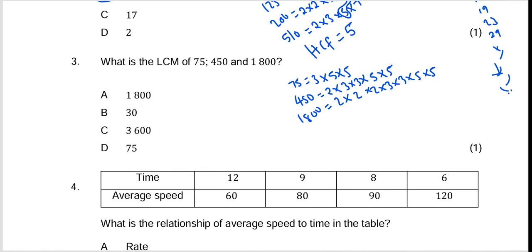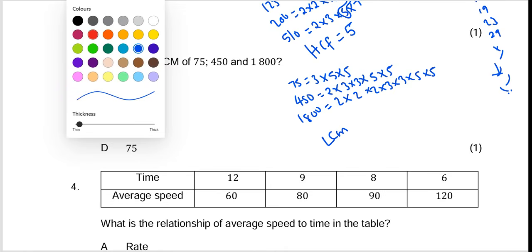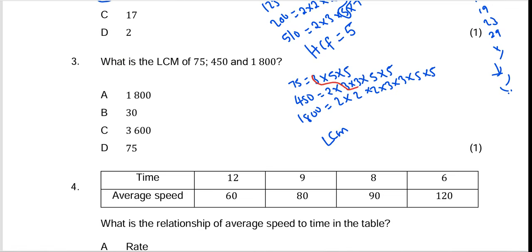We already know that for LCM, we take one of each number that appears, and then the remaining ones, and multiply them. Let me change the color so that you can clearly see, guys. So we have 3. There it is, 3.